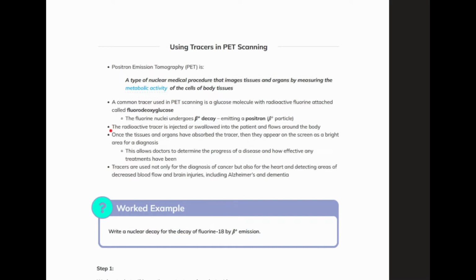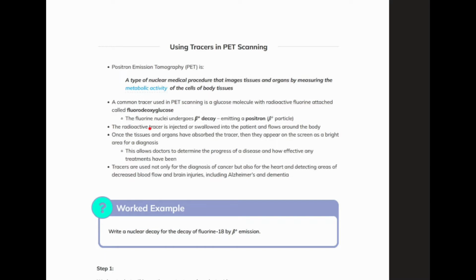And what happens then, as you can see here, is the radioactive tracer is injected or swallowed into the patient and flows around the body. That means before the patients do the scanning, they have to take the radioactive tracer.